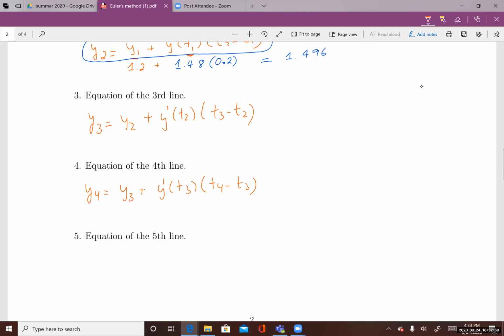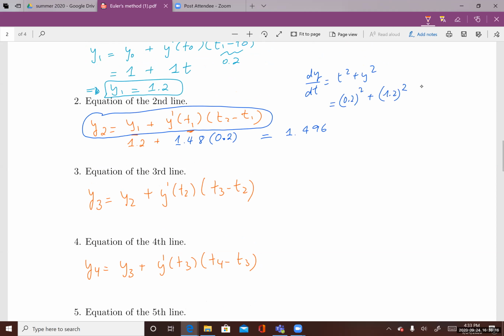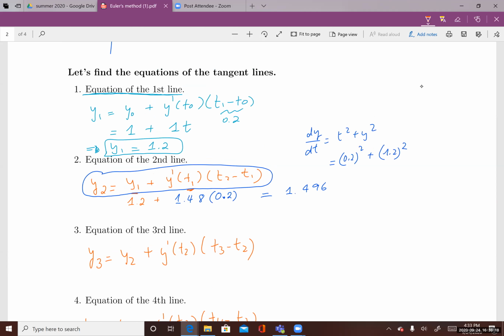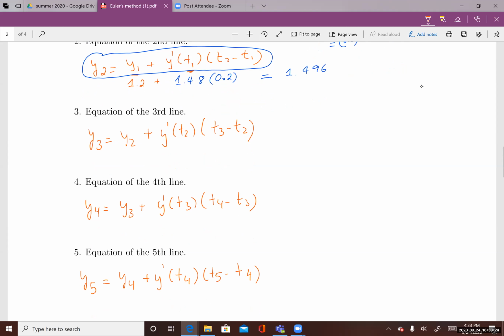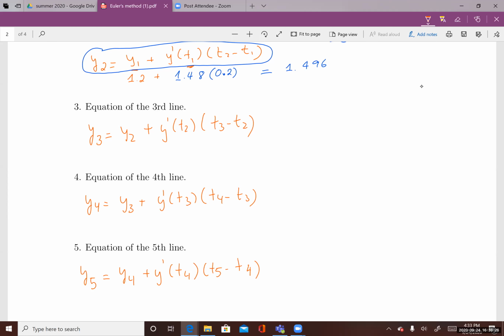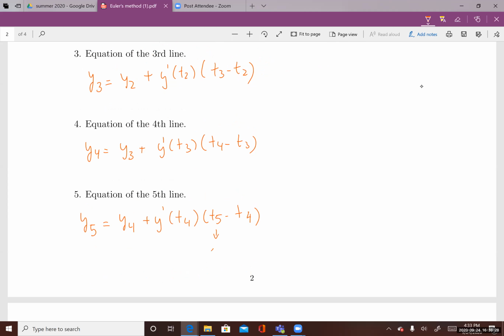And the fifth line, which is the line that will help us find the estimation of y of 1, is y5 equals y4 plus y prime of t4, t5 minus t4. Okay, as we already know, t1 is going to be 0.2, t2 is 0.4, t3 0.6, t4 0.8, and t5 is going to be 1.